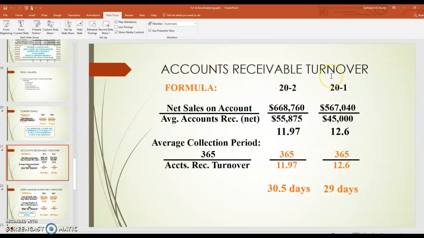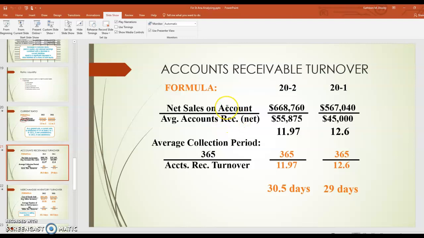The accounts receivable turnover looks at how often during the year people pay off what they owe us, the customers. And so here in 2012, our formula is to take the net sales on account, if we have it, divided by the average accounts receivable.